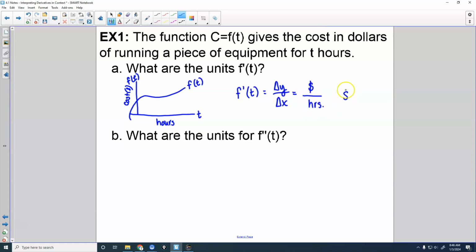So we would just have dollars per hour. If you're finding a value for f prime of t, it's giving you the cost per hour for running that piece of equipment.